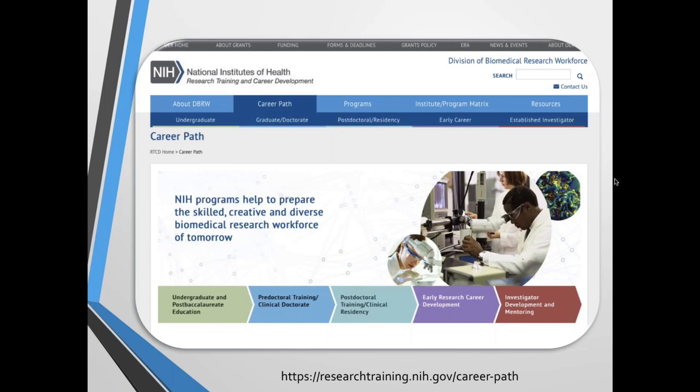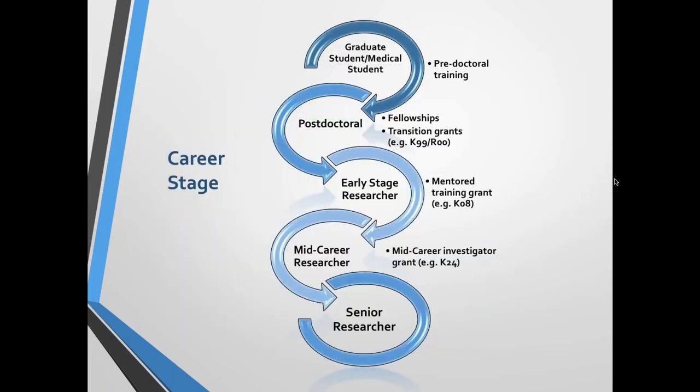So now I'm going to move over a little bit to career development applications, which we call the K applications. If you'll see right here, I've given you a link to the research training site for NIH, and it's a career path. Each one of those stages, there's the right training for the individual at a particular stage.